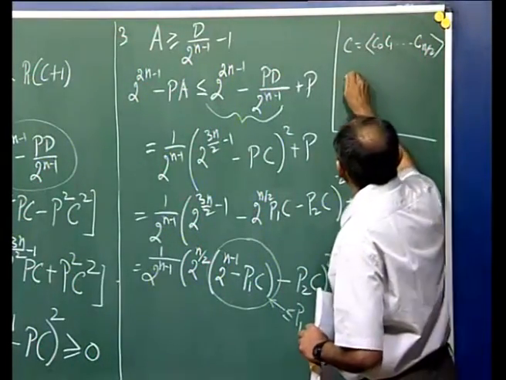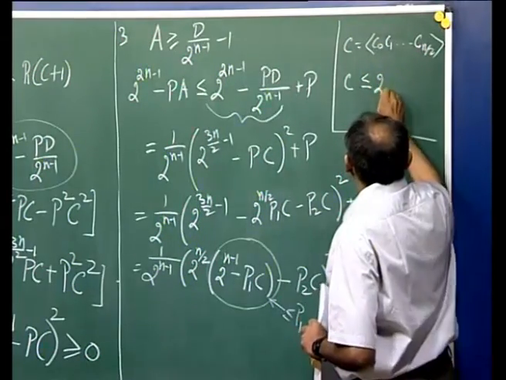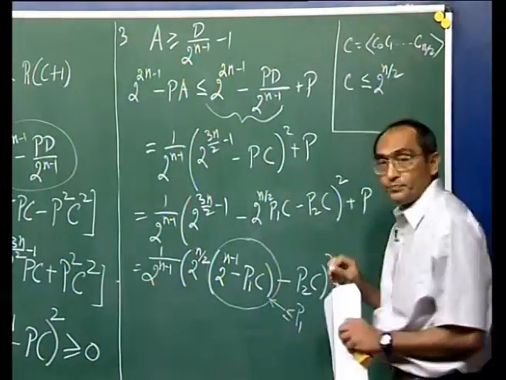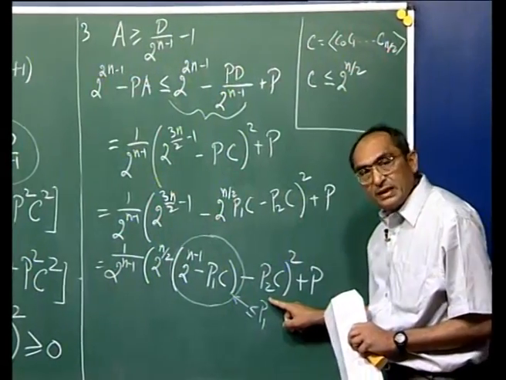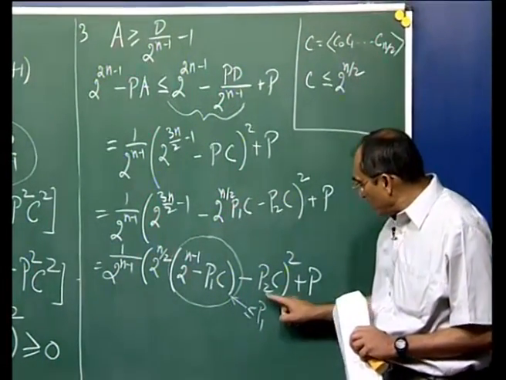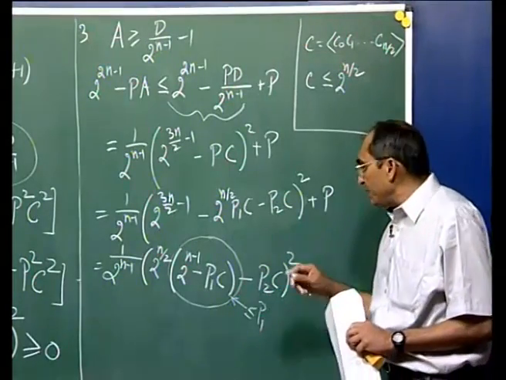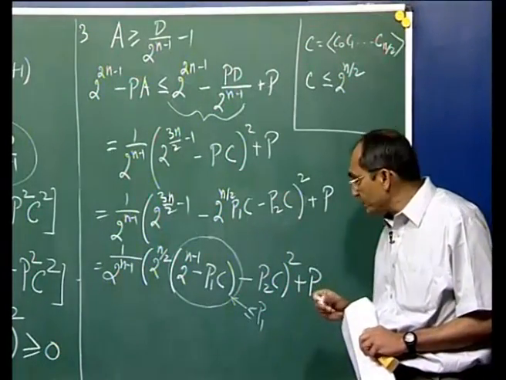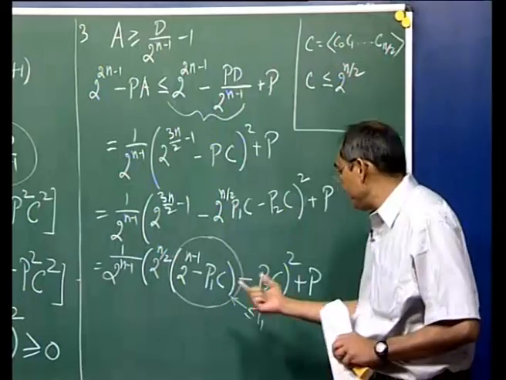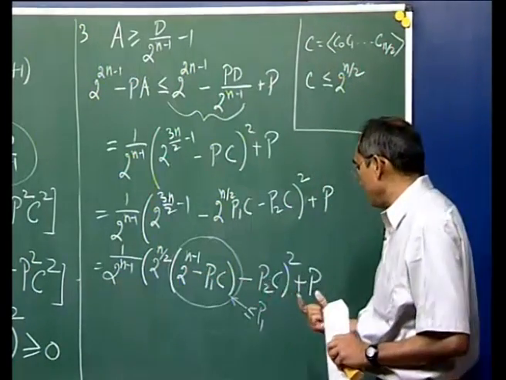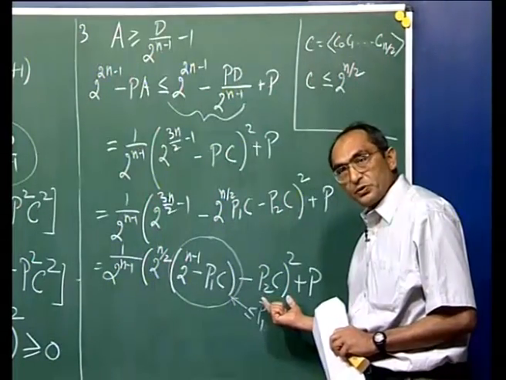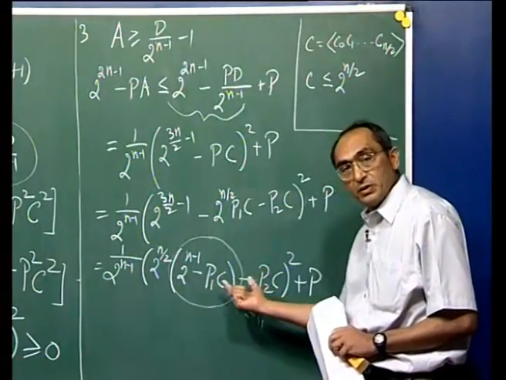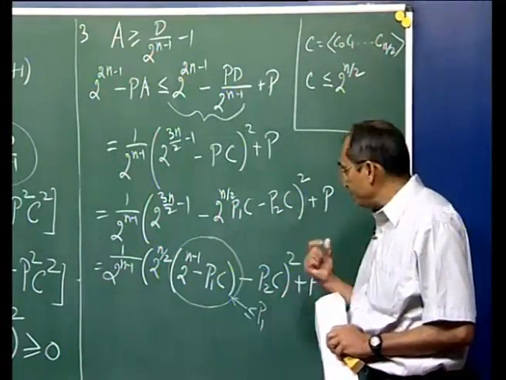So, we knew that C was always less than or equal to 2 to the power n by 2. P2 on the other hand is strictly less than 2 to the power n by 2. Well, the product is again less than 2 to the power n. So, notice that we have a number which is less than 2 to the power n and a number which is also less than 2 to the power n, their difference is also less than 2 to the power n.